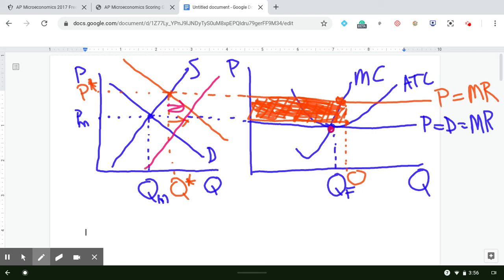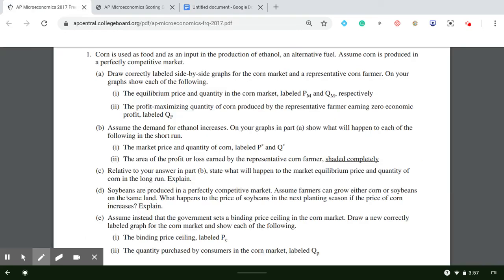In the long run, it's going to increase all the way to where we have zero economic profit, where ATC equals marginal revenue, but we don't even have to consider that in this problem. What we can consider is, look, as supply increases, the quantity increases, and the price goes back down. Okay, quick sketch.